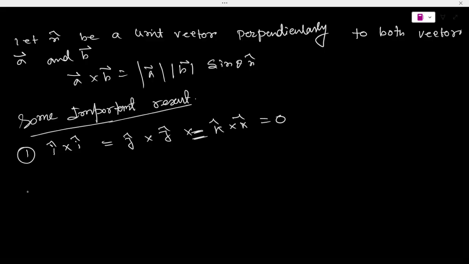And the second, I cross j is equal to k cap, and j cross k cap is I cap, and I cross k cap is equal to what? It is equal to j cap. So these are the important results.